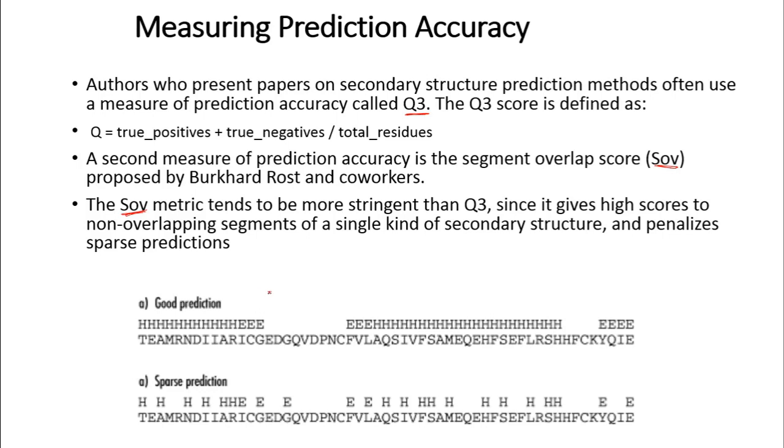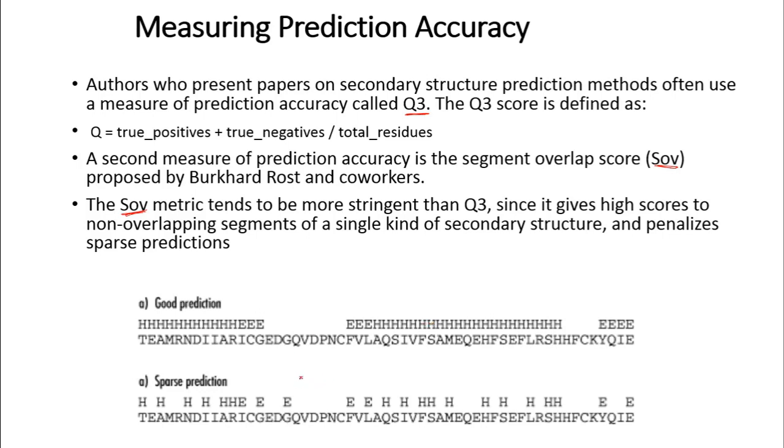Say for example, this is the sequence whose secondary structure was supposed to be predicted. Now, if your algorithm predicted intact helices and intact beta sheets, as shown over here, then such a prediction was given a higher score.